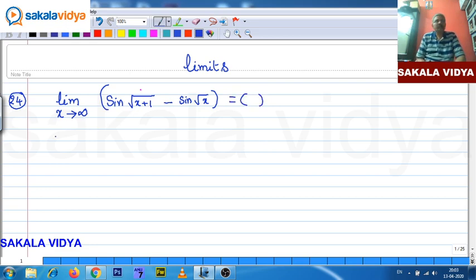This is the question. First option 2, second option minus 2, third option 0, fourth option is 1. So this is today's first question.